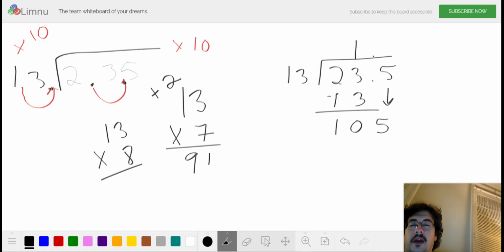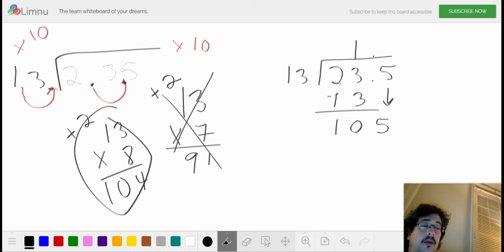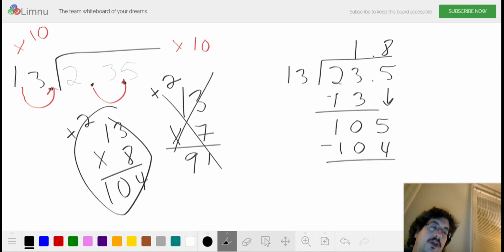And now I multiply my 8 and 3 and get 24, and I carry the 2. And I'm going to add that to the product of 8 and 1 and get 10. And lo and behold, I found the winner. 13 goes into 105 8 times. And when I multiply 8 and 13, I get 104. And when I subtract 104 from 105, I get 1.